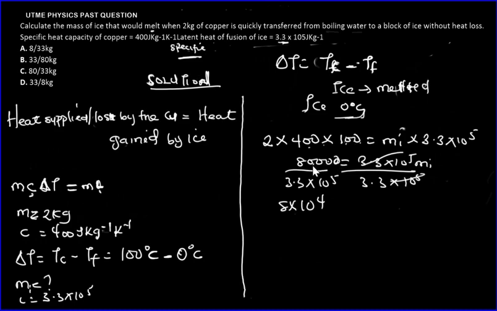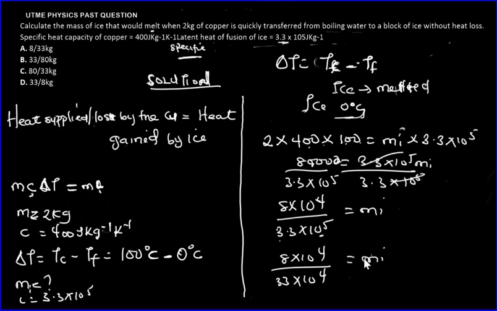No, this is 80,000, sorry. 8 times 10 to the power 4 over 3.3 times 10 to the power 5 equals the mass of ice. We can convert this to 33 times 10 to the power 4, which is the same thing in a different expression. So we cancel the 10 to the power 4. We have 8 over 33, so the mass of ice equals 8/33 kilogram.